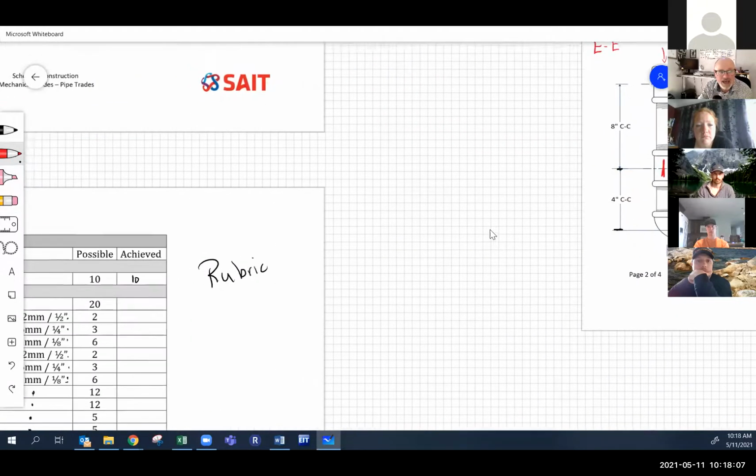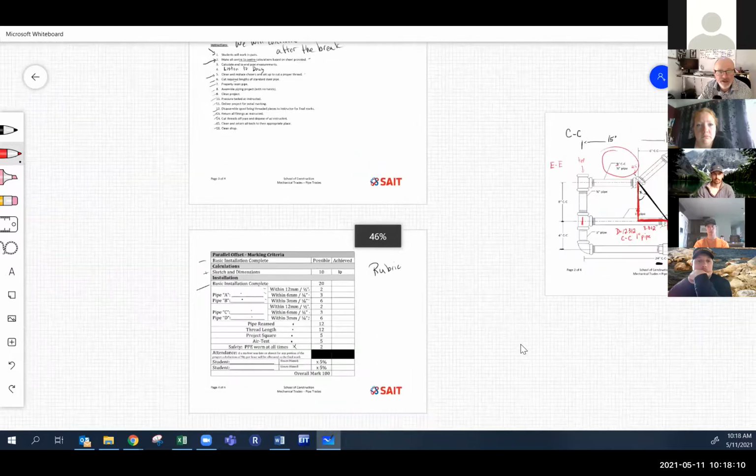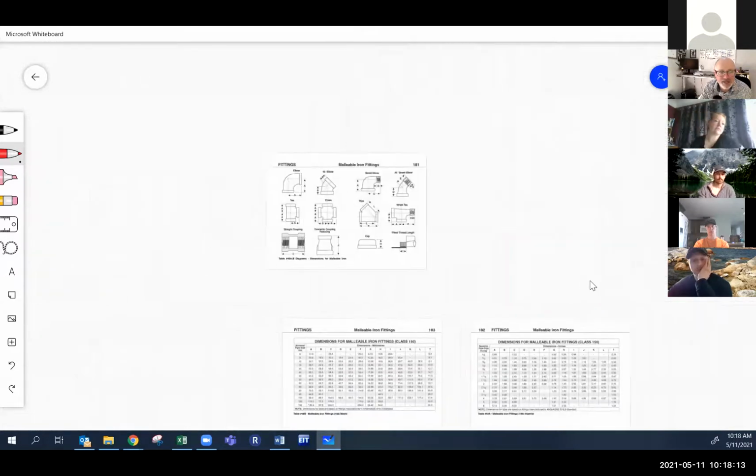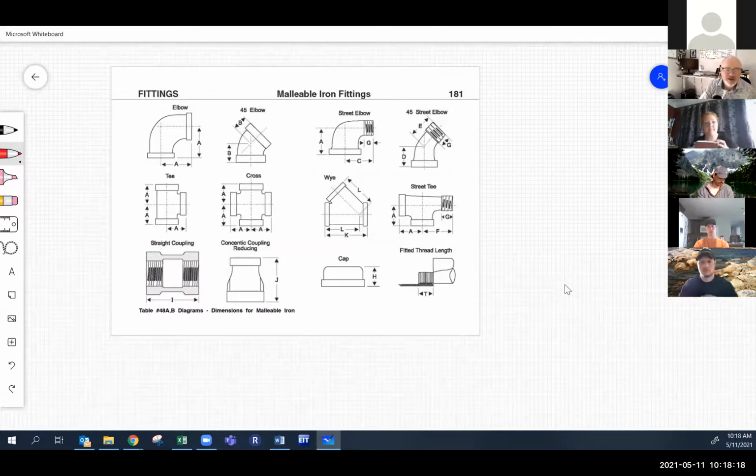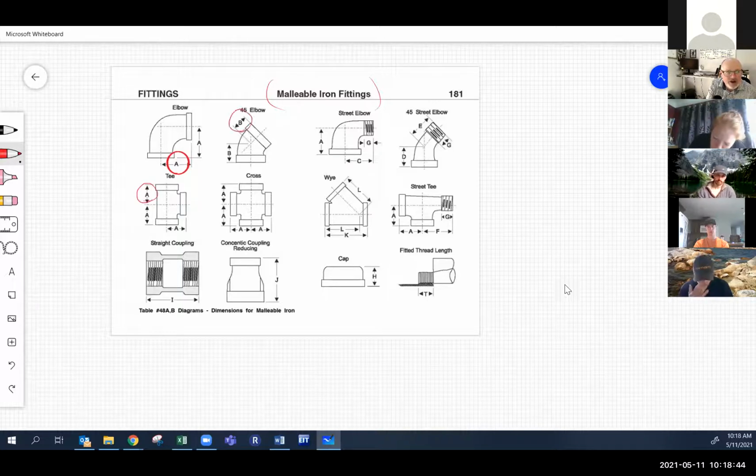So if you have an IPT Pipe Trades Handbook at approximately page 181, I don't know if it's 181, but this picture right here shows us our malleable iron fittings. Is it 181? Close to it? Yeah. Okay. So you can see if we have a 90 or a T or a 45.